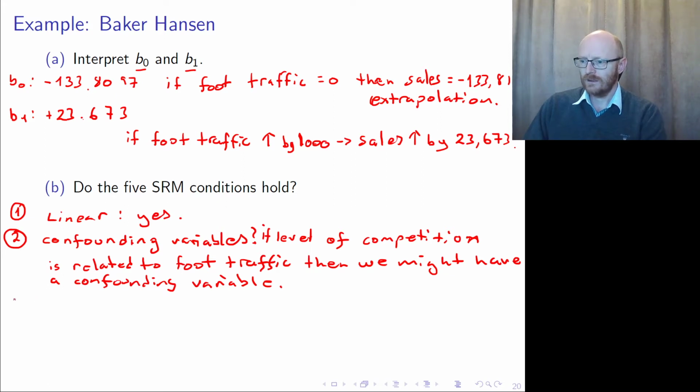And for example, the third one, are the residuals independent?